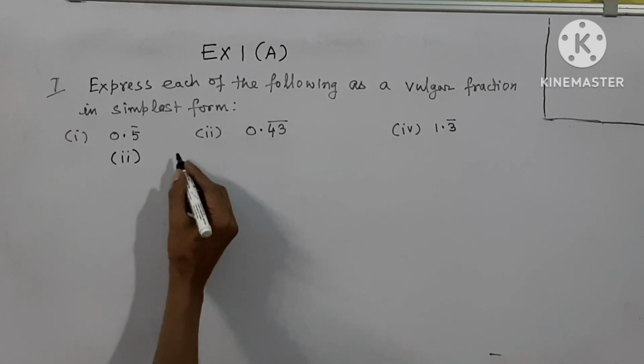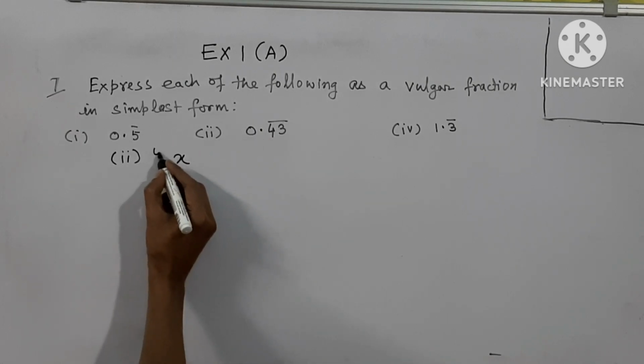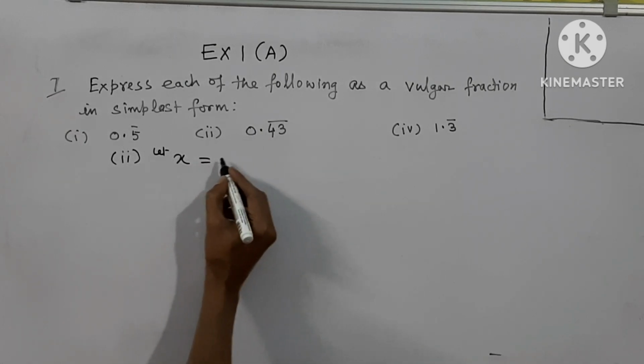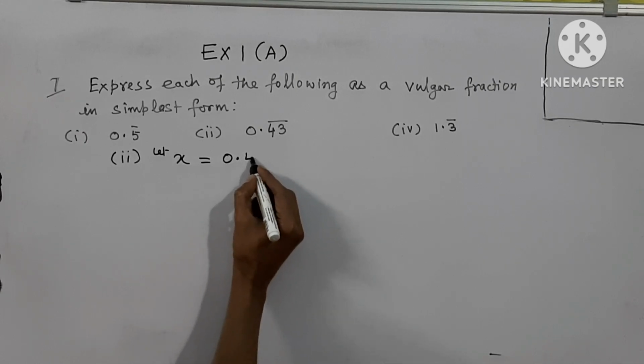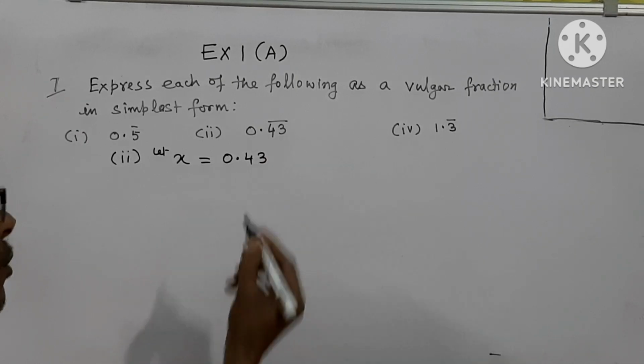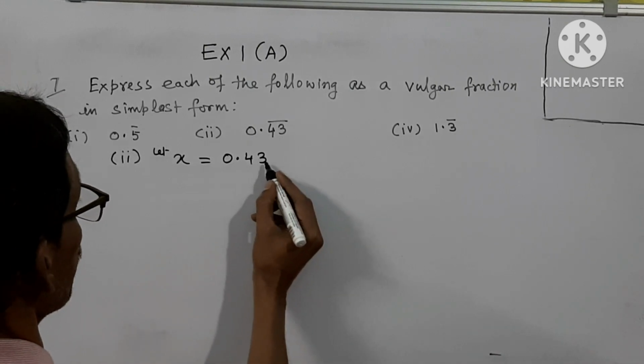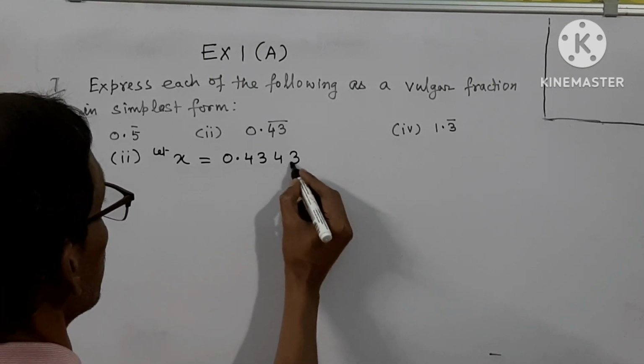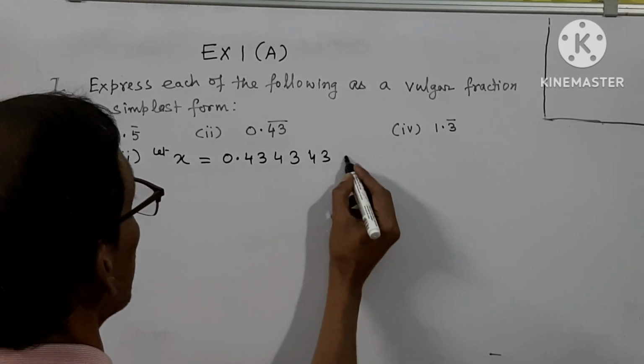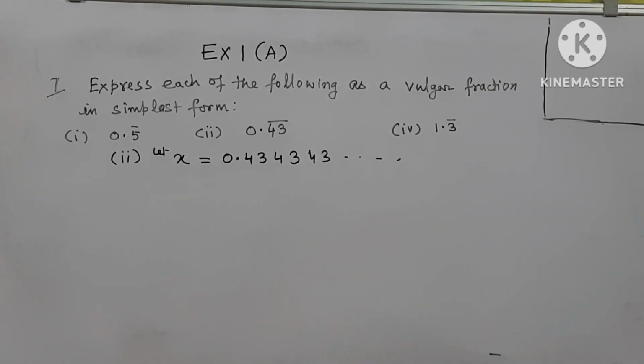Again we will do the same method. Let x be 0.43 with 4 and 3 repeating. So after 4, 3, again you have 4, 3, 4, 3 and like that.